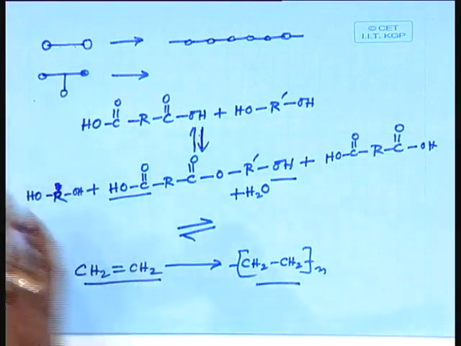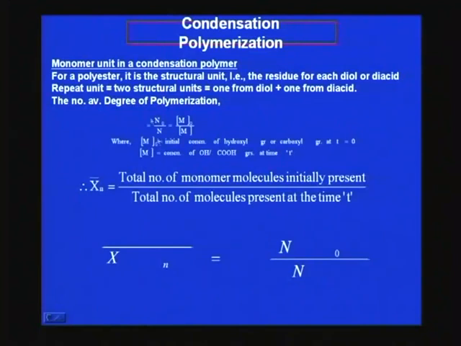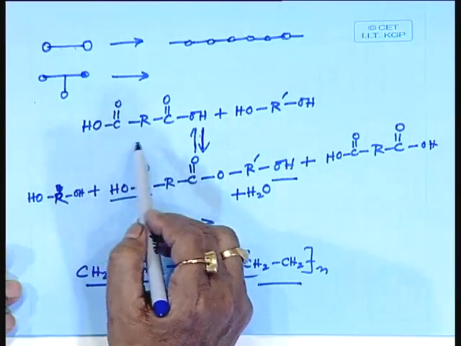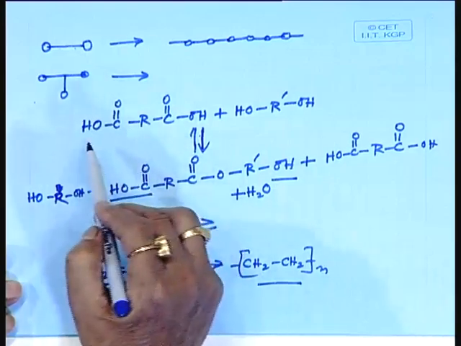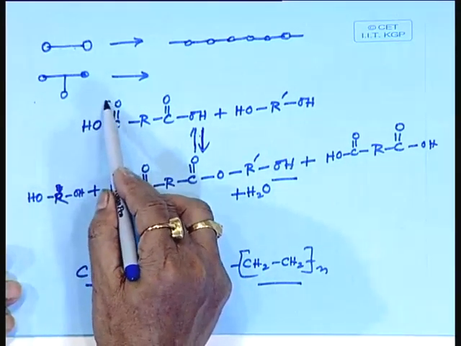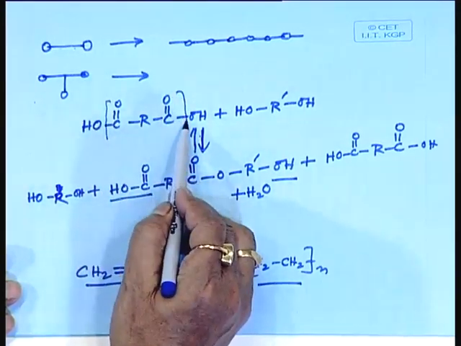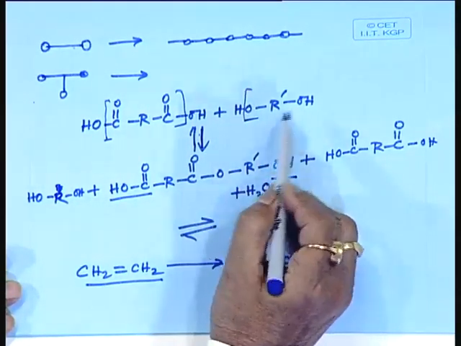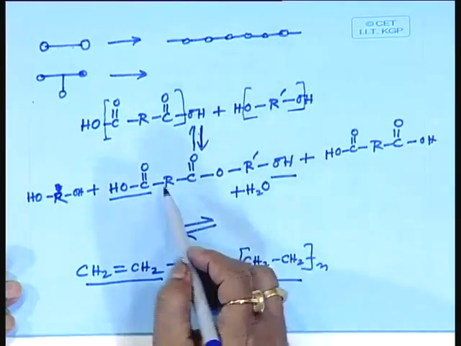For a polyester it is the structural unit, the residue of each diol or diacid. So, this is a diacid, from the diacid what is removed, what is retained, this portion is retained, and from the diol this portion is retained, you see.